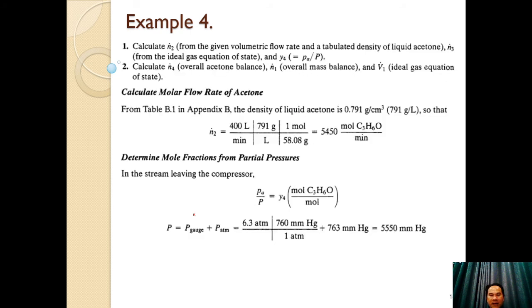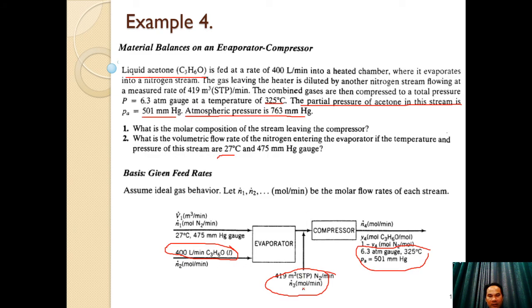For the first step, from the flow chart, N2 and N3 are not unknown. We have V1, N1, N2, N3, N4, Y4: 1, 2, 3, 4, 5, 6 unknowns. But for this case, N2 you can calculate from the volumetric flow rate, so it is not unknown. N3 you can also calculate from the volumetric flow rate, so this is not unknown. N1 you can calculate from the gas properties, temperature and pressure.